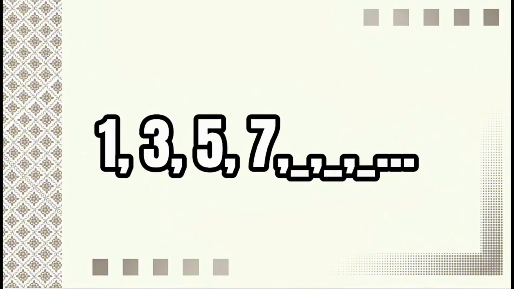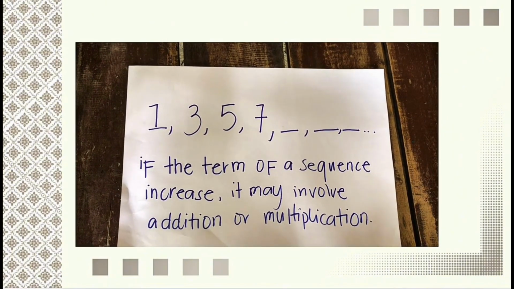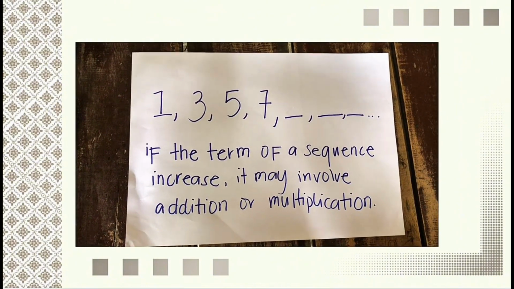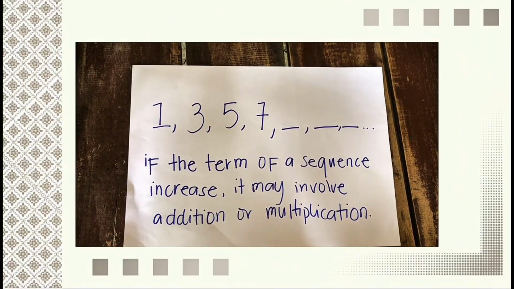Its terms can be represented by a sub 1, a sub 2, a sub 3, 4, 5, 6, and 7. If the terms of a sequence increase, it may involve addition or multiplication.